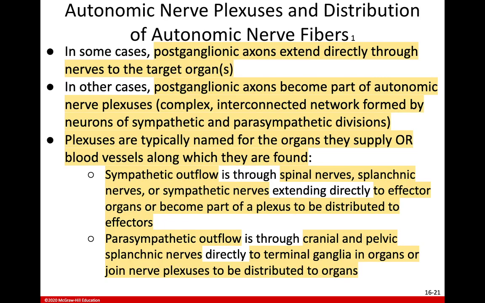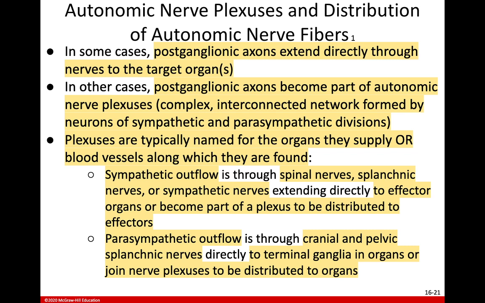Okay. Today we're going to be looking at first the different plexuses that some of these spinal nerves, sympathetic nerves, etc., can be part of. Again, we see that with the postganglionic axons.